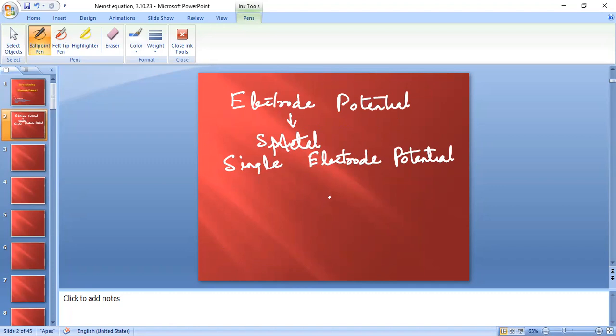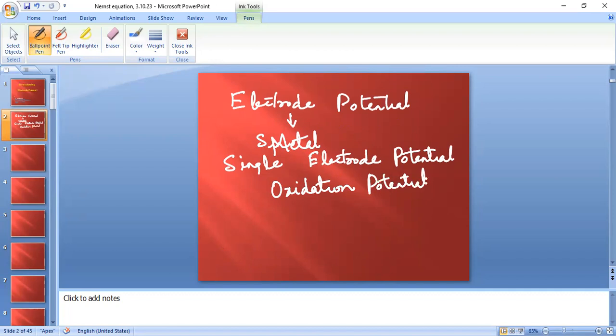It is defined as the tendency of an electrode either to lose electrons or gain electrons when it is in contact with its own solution. Every metal or every electrode has its own capacity to lose electrons, and that is known as its oxidation potential.